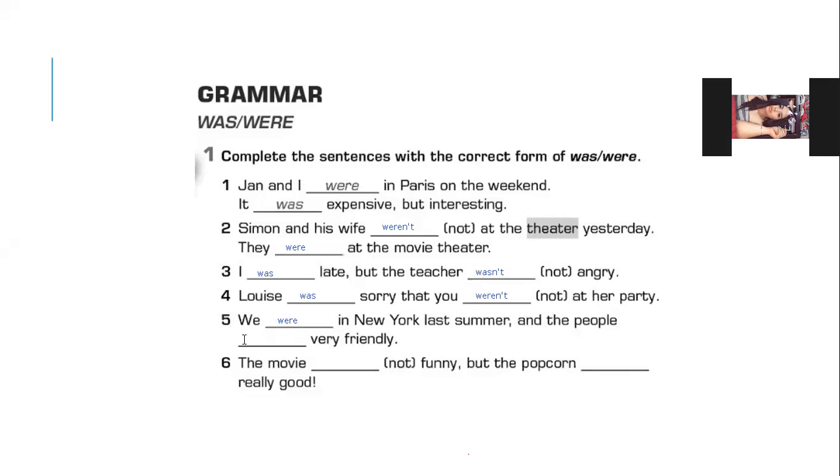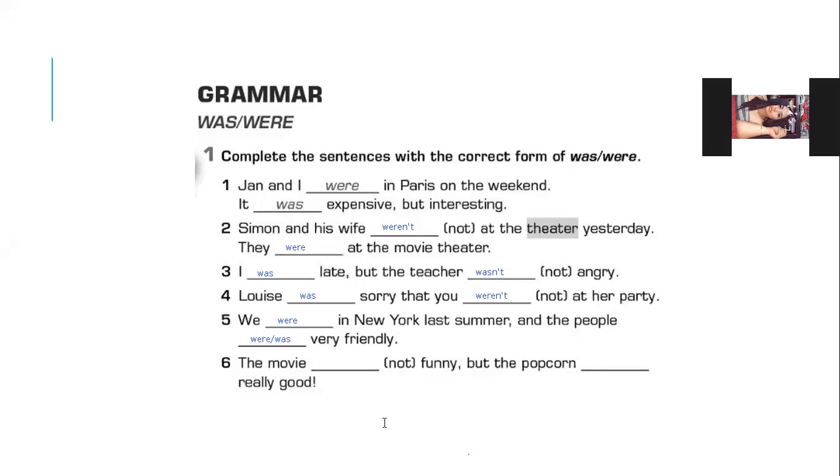Sería was. Pudiera ser was o pudiera ser were. ¿Por qué? Todo depende de lo que hablamos, de cómo lo queremos expresar. Cuando usamos people para referirnos a personas en general, o sea, personas en plural, es were.